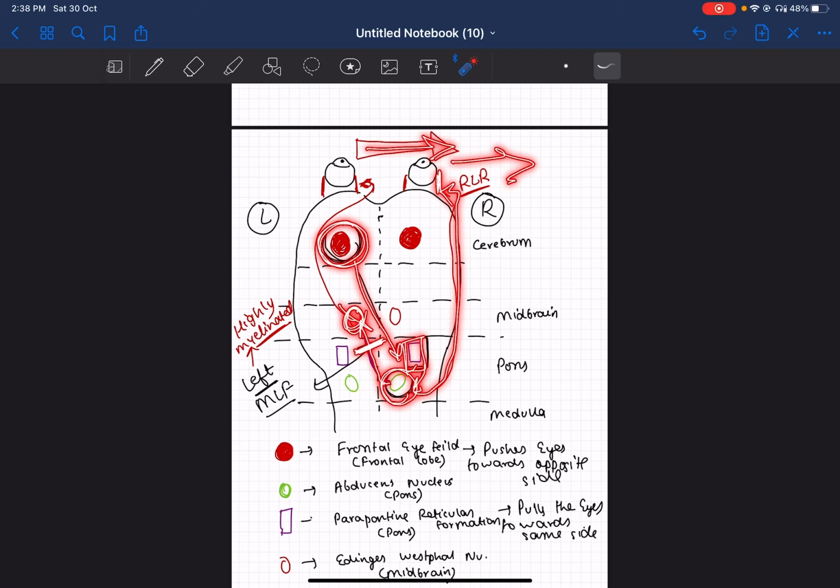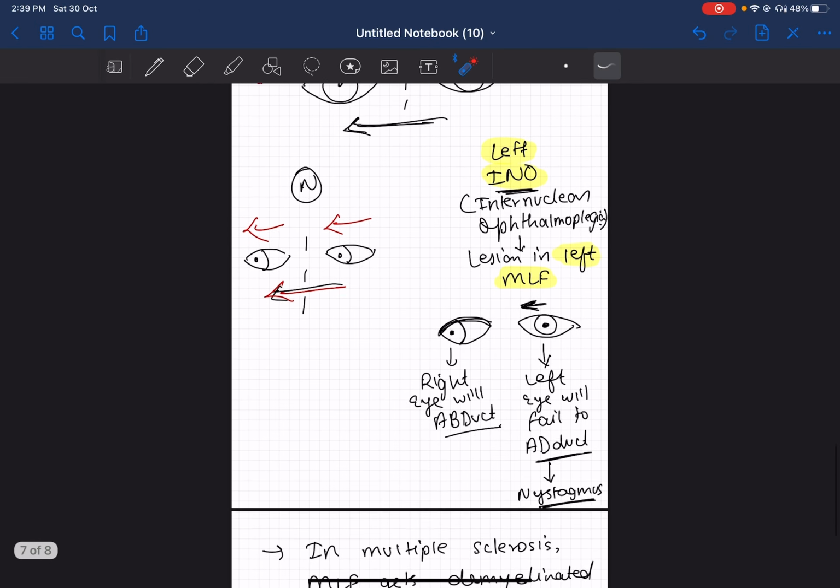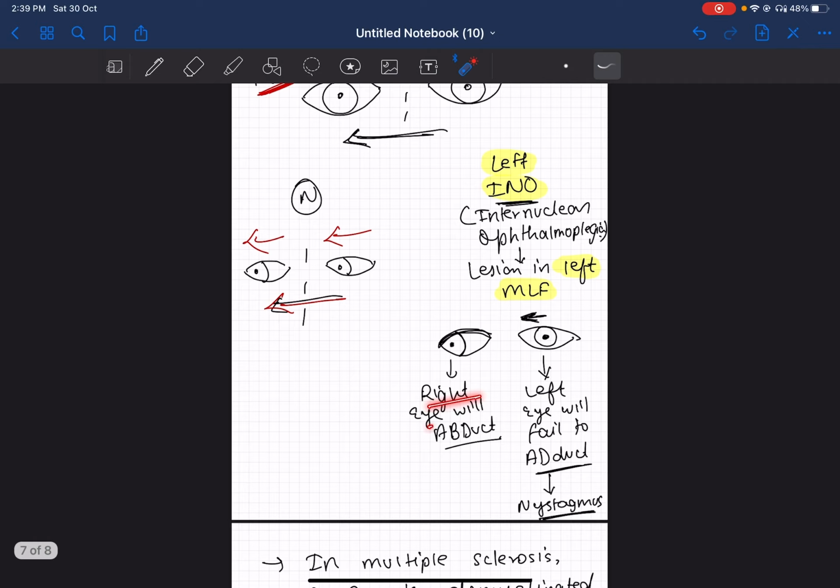So this nucleus won't be stimulated, and the left-sided medial rectus won't move. So there will be no adduction of the left eye you see here. The right eye will abduct, but the left eye will fail to adduct, and this will create nystagmus and diplopia. So this is known as internuclear ophthalmoplegia.